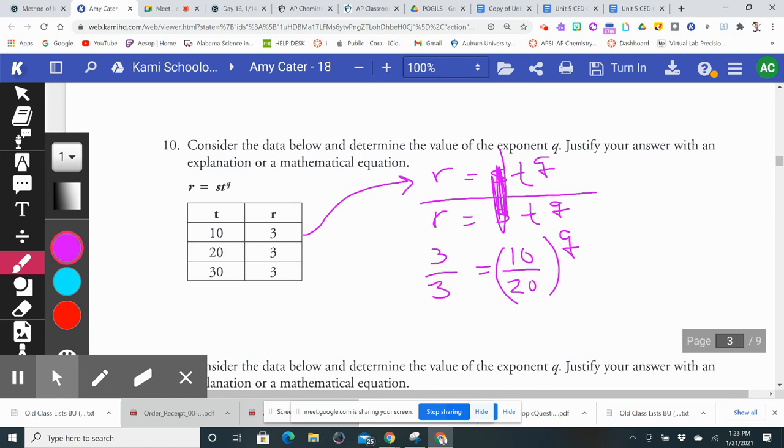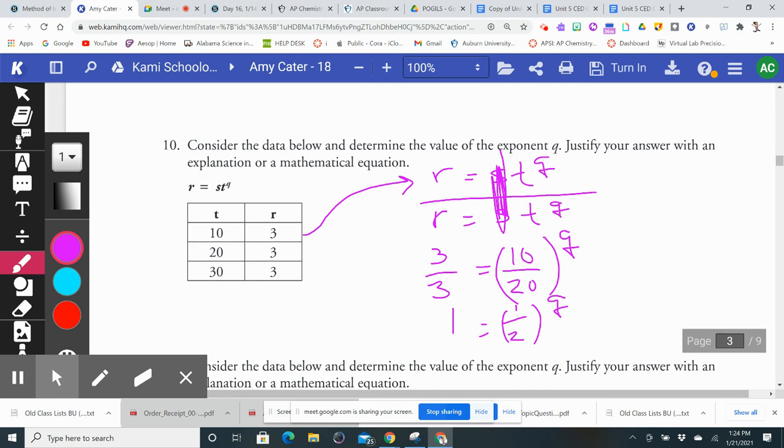What's 3 over 3? 1. Something raised to the Q power equaling 1. That means Q has to be what? 0. That's all. So that's what they're doing. They're comparing the two equations to each other.